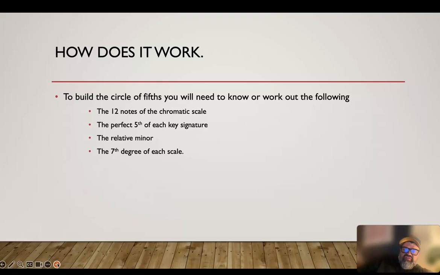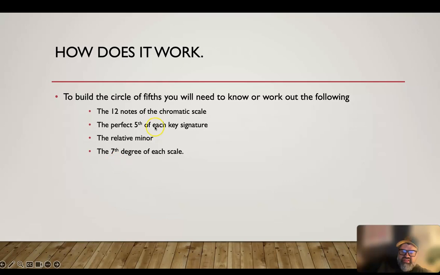You will need to know the 12 notes of the chromatic scale, which are A, A sharp, B, C, C sharp, D, D sharp, E, F, F sharp, G, G sharp, and then the 13th note would be A because you'd start again. Now, if you were going backwards, you could call that A flat, G flat, F, E, E flat, D, D flat, C, B flat, and then A again.